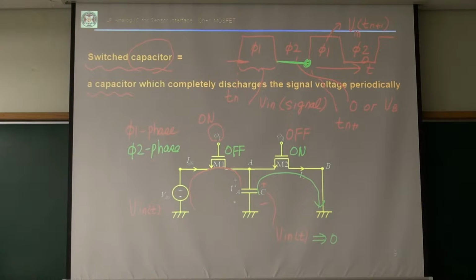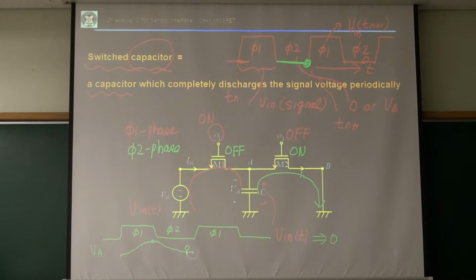Let's just see. If I plot this, I have a phi 1 phase, phi 2 phase, something like that. Then my capacitor voltage, say this is 0, will change to Vin, right? This is Vin. And then during phi 2 phase, it will discharge to 0.